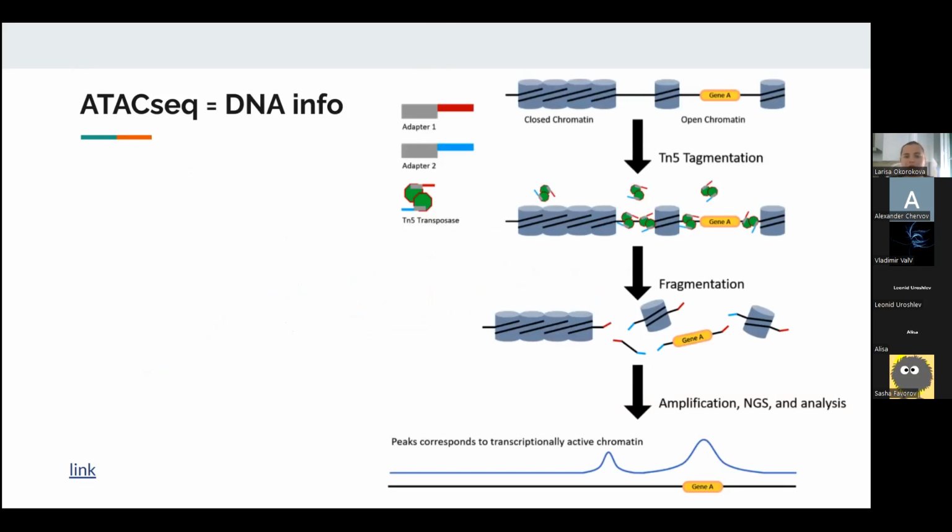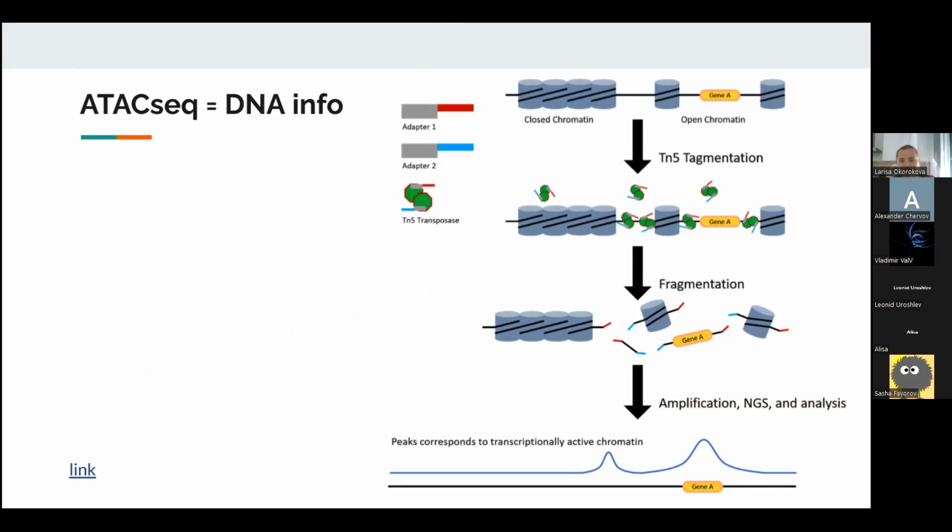So how does this kind of experiment occur? We have a special assay which is called ATAC-seq data, and this is basically the DNA info. What does it mean? We have the open and closed chromatin. We can extract it from the cells, and we can put a special enzyme, which is called Tn5.